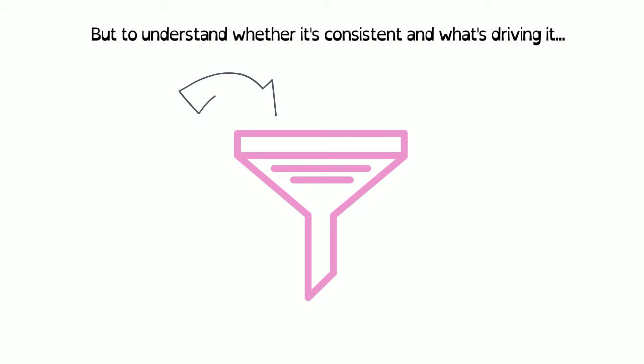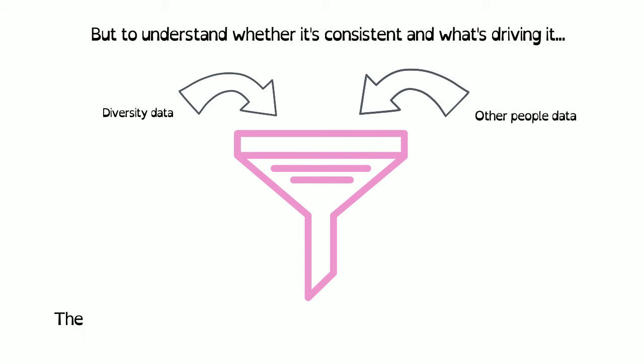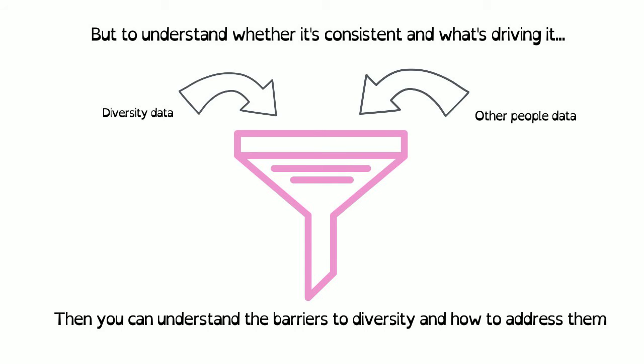That means looking at the relationship between your diversity data and other people data you hold, such as how many people join or leave your organisation. Only then will you be able to understand the specific barriers to diversity that are in place in your organisation and how you can address them.